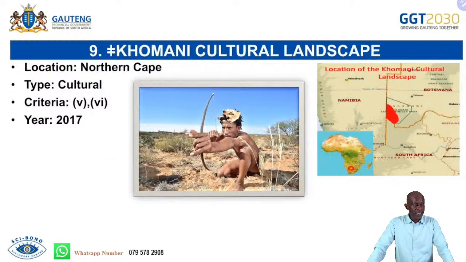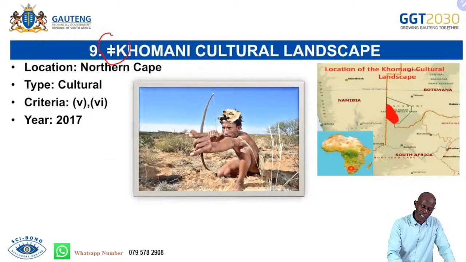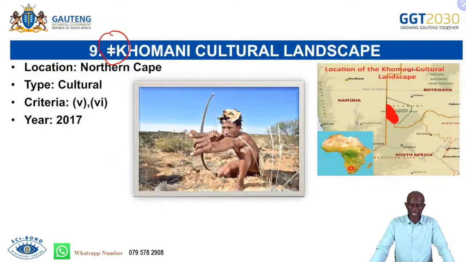The ninth one is the Khomani Cultural Landscape. I have alluded before that the hashtag is important and should be written alongside the name. It is situated in the Northern Cape, and the type is cultural, and the criteria were criteria number 5 and criteria number 6.